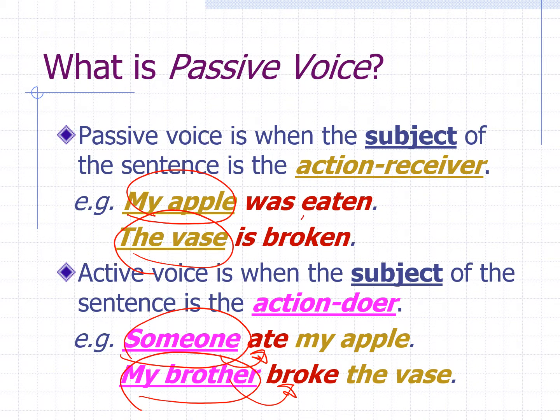Instead, this action was done to the apple, and this action is done onto the vase by someone else. But in these situations, we don't know who does the action. Okay, so now in these two examples, this is passive voice.